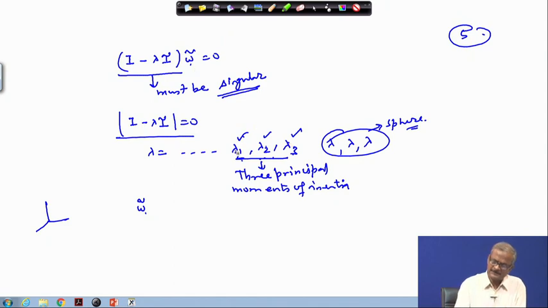Taking lambda 1 we can solve this. One value we will have to assume, the other 2 we can solve for. If the eigenvalue is repeating, you have to apply the process for getting eigenvectors for repeated eigenvalues, and you can look for that technique in the book Engineering Mathematics by Kreyszig.